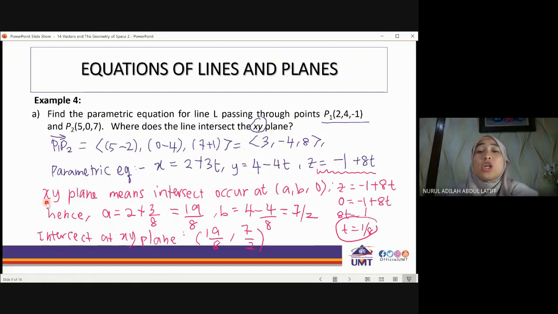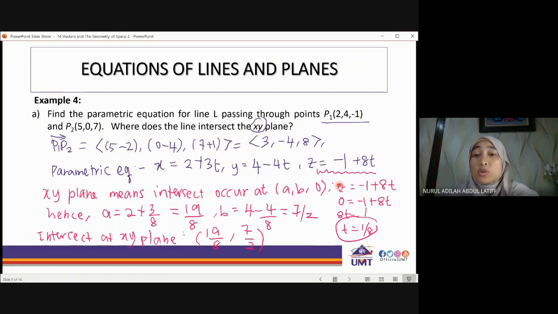If the question asks where the line intersects the YZ plane, then for the YZ plane x is equal to 0, which means the intersection occurs at (0, b, c), because we want the YZ plane. For the XZ plane it is (a, 0, c). Once we have that 0, we can find t.